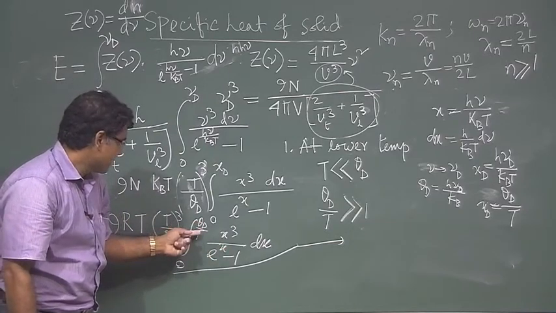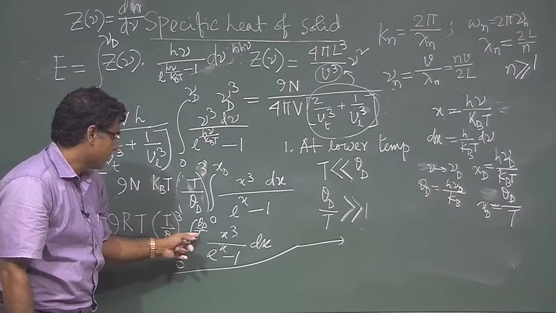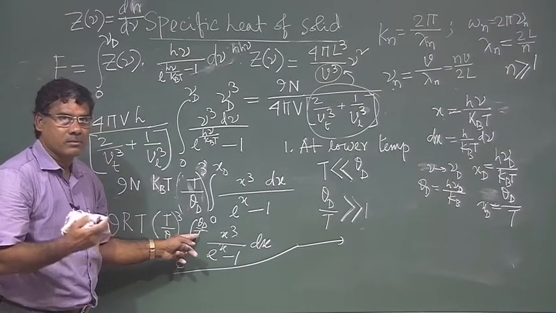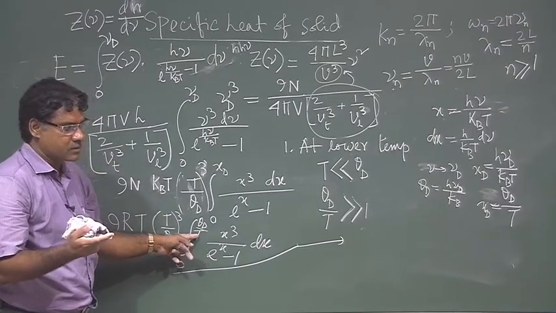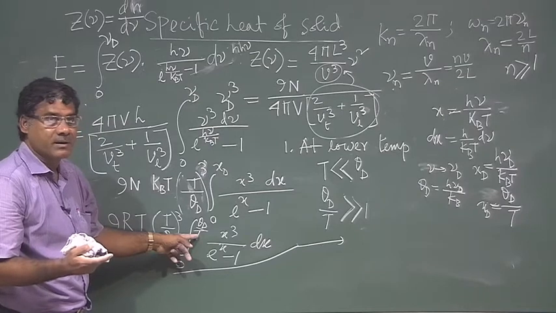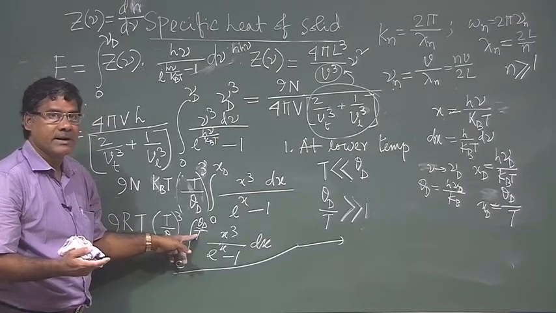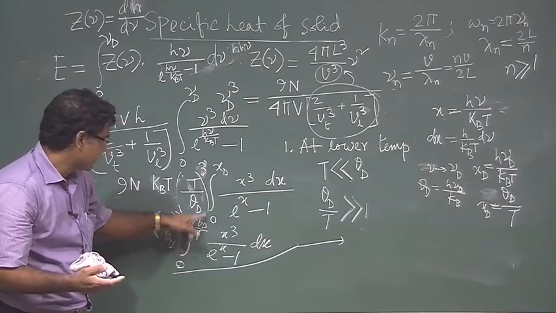So theta D by T, if T tends to very small temperature, it tends to 0, T tends to 0. So this will be infinity.